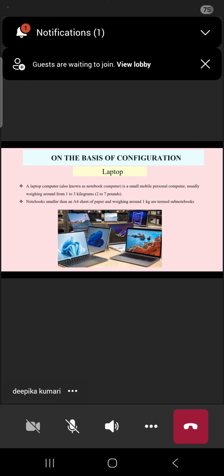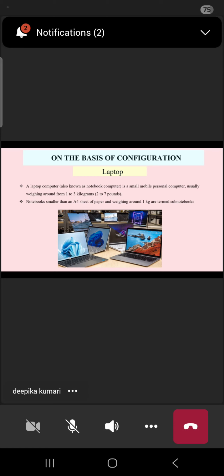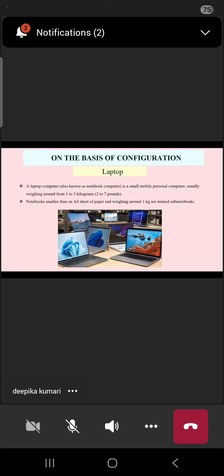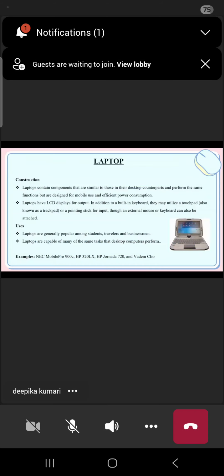It is a small mobile personal computer, usually weighing around 1 to 3 kgs. We all have laptops and we are all very well aware of these kinds of computers. It is a type of digital computer itself, and it may weigh less than around 1 kg also.